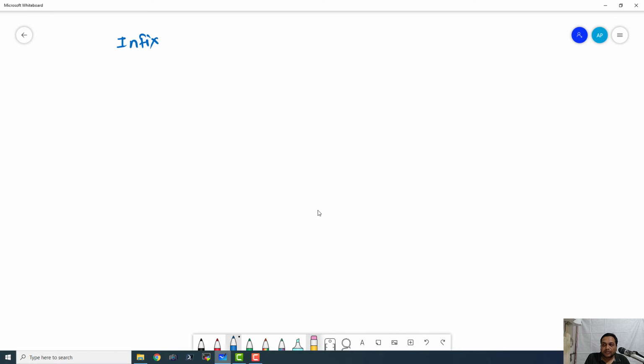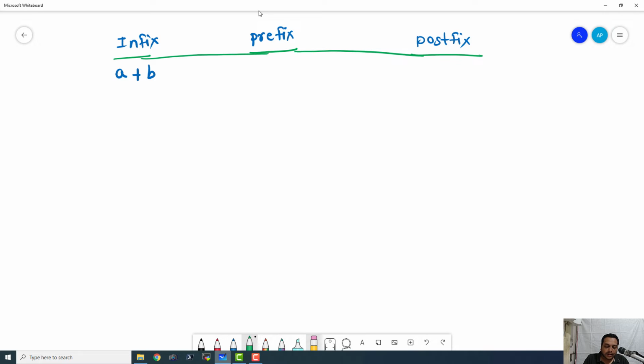And here we are going to take a very simple infix expression, a plus b. And let us write down prefix and postfix. And let me highlight these: infix, prefix, and postfix. So let us attach this line and let us draw columns.